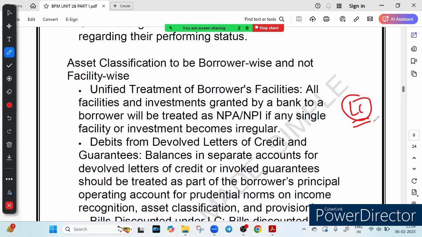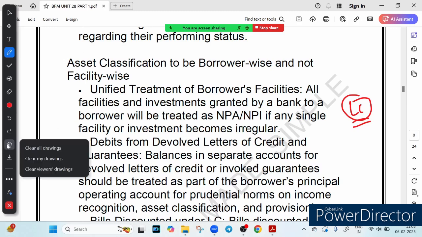If the borrower fails to make the payment, it is treated like other accounts in terms of asset classification. In simple words, that is the point we are talking about here.